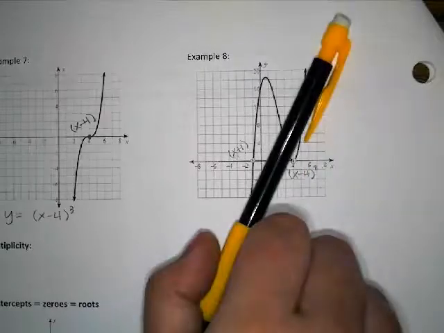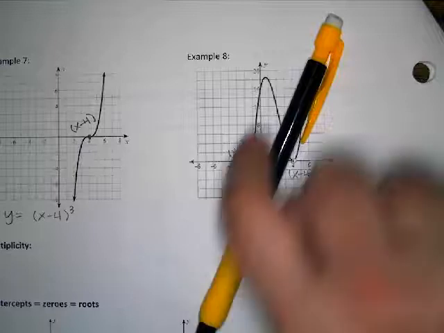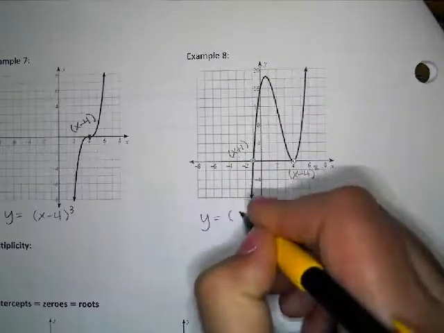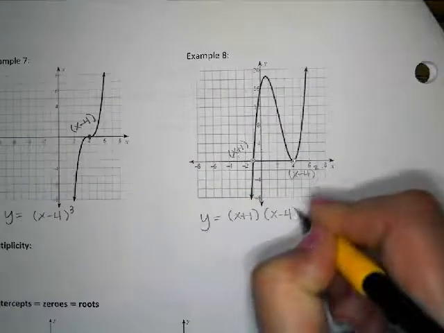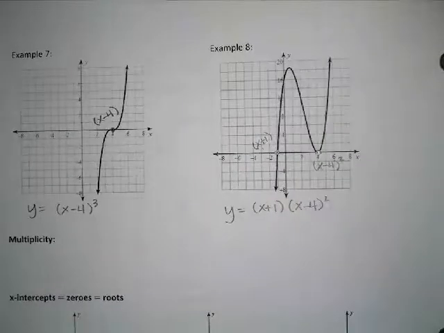Positive. If my stick figure was walking, he'd be walking uphill. Okay, so I'm going to say y equals positive x plus 1, x minus 4 squared. Now, when you write your parentheses, it doesn't matter which order you write them. You'll get the same answer. If you were to graph it and put these backwards, you'll be totally fine.